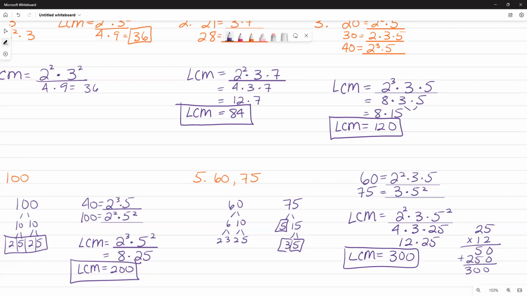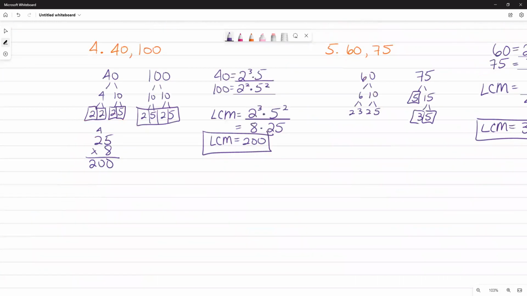So you can do some least common multiple equations mentally, like 4 and 5. A lot of times the numbers multiplied by themselves give you the least common multiple, like 4 and 5. Those are relatively prime numbers. You have to multiply them together to get your least common multiple.